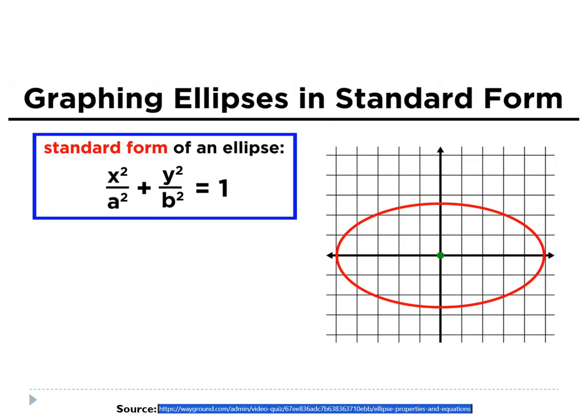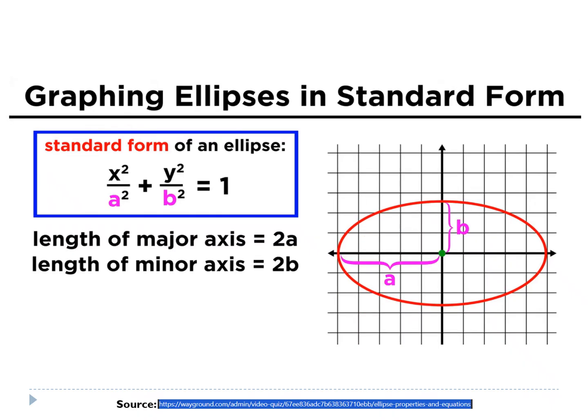The length of the major axis is equal to 2a. This is the distance from vertex to vertex. So these are the vertices of this ellipse, V1 and V2. The distance from V1 to V2 is the length of the major axis, which is equal to 2a.